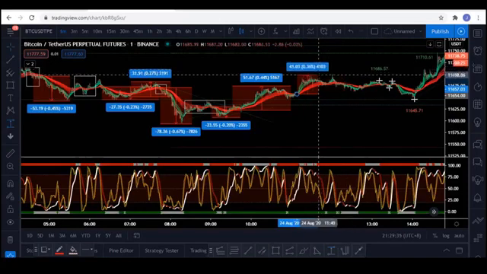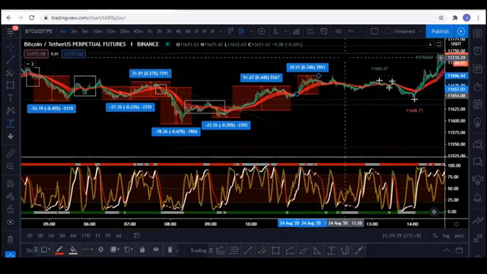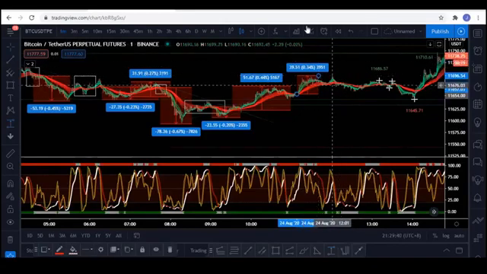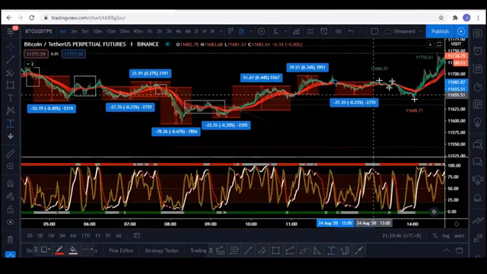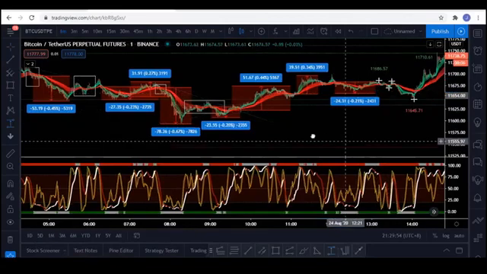This one in our overbought area. So that is 34%. And then find another crossover here, and then exit here in our oversold. That is 22%.